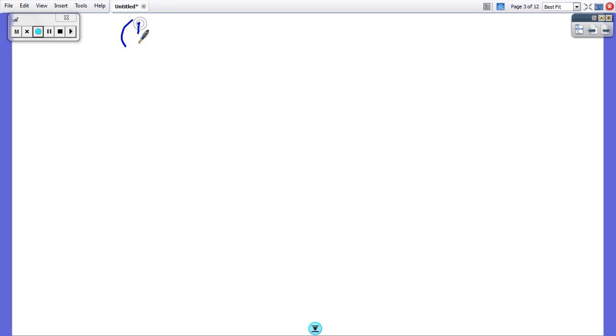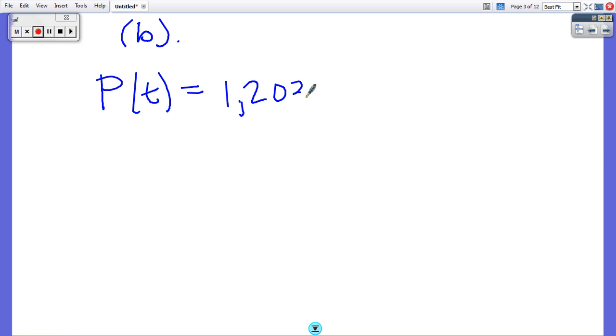This is going to be the same thing. We're just going to call it letter B. And this time the problem is the population of Detroit. And that's modeled as 1,203,368 times 0.9858 to the t.